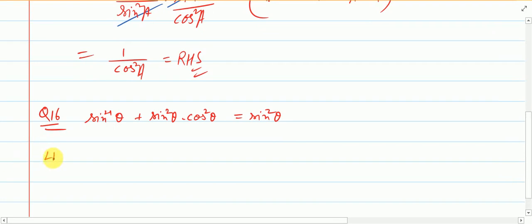So let us take the left hand side. So sine to the power 4 theta plus sine square theta into cos square theta.